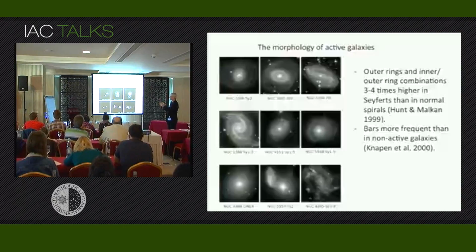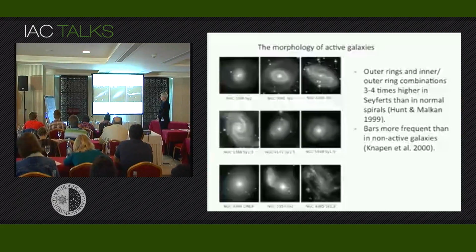Now, active galaxies have always been interesting from a morphological point of view. Here are Seyfert galaxies, different kinds. And in this study by Hunt and Malkan, people have always been interested in what kinds of galaxies are Seyferts, and how the morphology somehow connects to the activity. And people find that outer rings and inner-outer ring combinations seem to be fairly common.